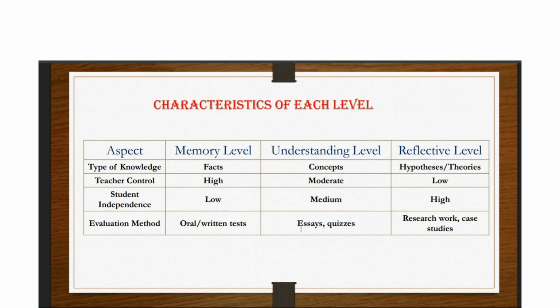In understanding level there are essay questions, where you have to understand the topic and express your opinions and understanding in the form of essays and quizzes. Whereas in reflective level, postgraduate students need to do research works and case studies, where multiple topics and multiple theories come under research work and case study.